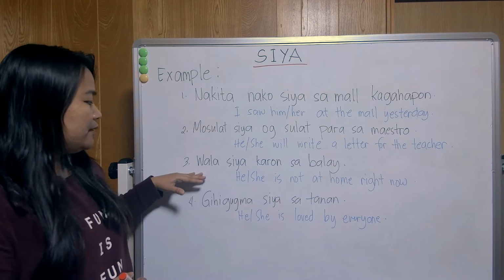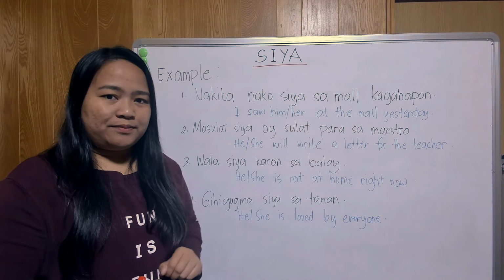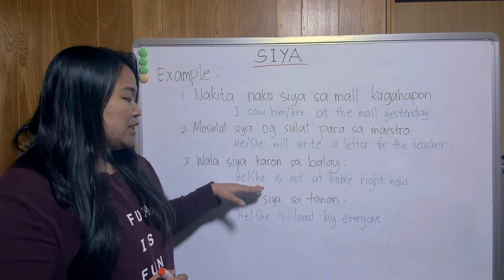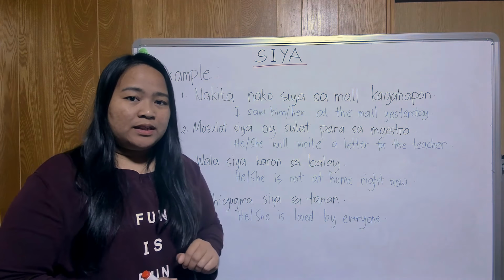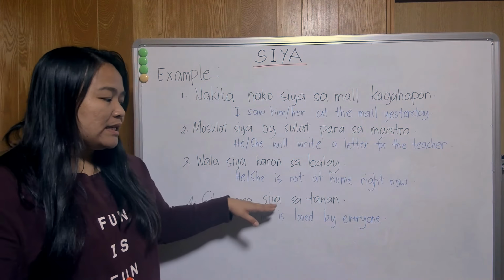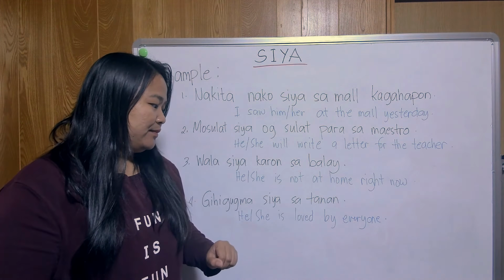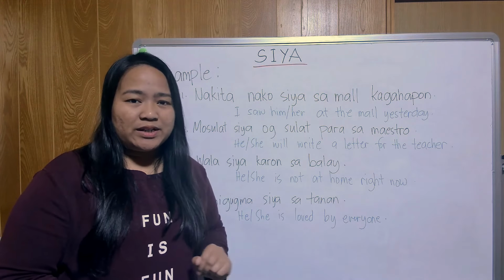And number 3, wala siya karon sa balay. It means he or she is not at home right now. And number 4, gihigugma siya sa tanan. It means he or she is loved by everyone.